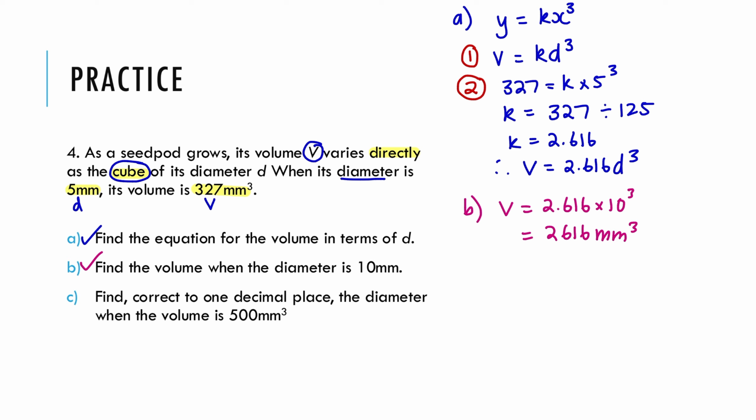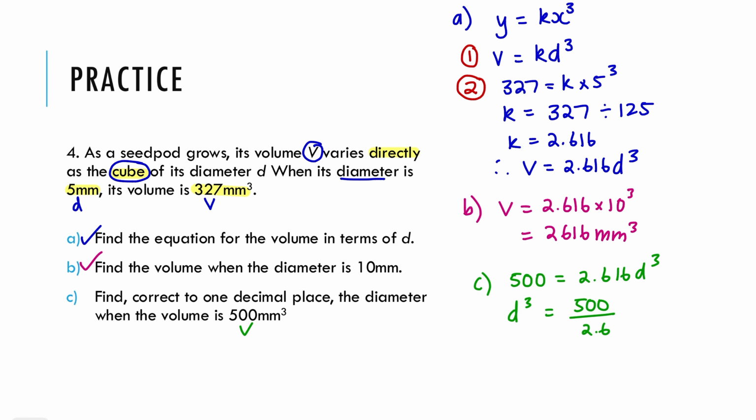Part C, find correct to 1 decimal place the diameter when the volume is 500 millimeters cubed. So here my volume is 500. It's equal to 2.616 multiplied by D cubed. D cubed is equal to 500 over 2.616.